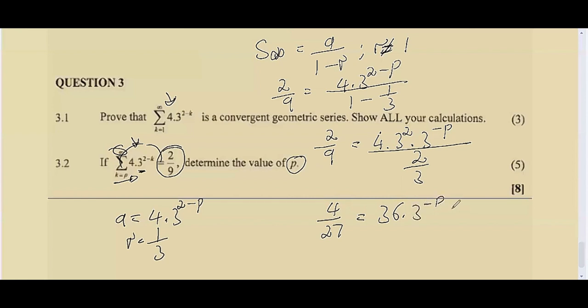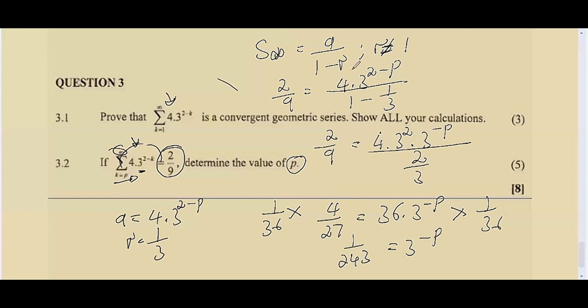Then let's multiply. We can multiply both sides by 1 over 36. So we are trying to get rid of that. So 1 over 36. So this gives us a value of 1 over 243, and then is equal to 3 to the exponent of negative p. Now we can express this in terms of exponents. So 243 is equal to 3 to the exponent of 5.